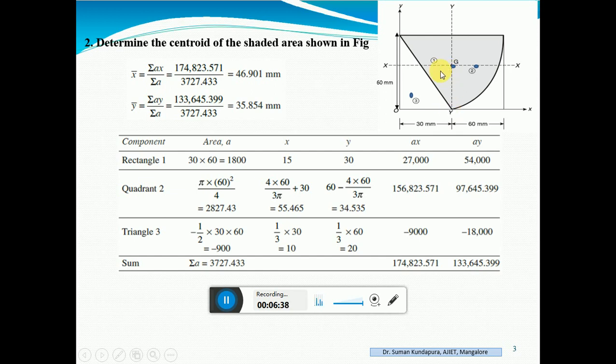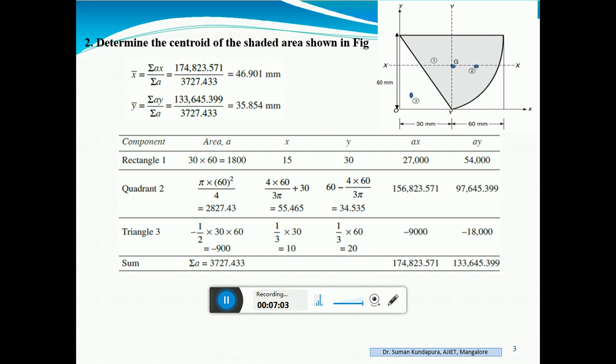This is given as 60, so this is 60, this is 60. So I can consider this as the quarter circle and solve the problem. Once I find this quarter circle, and after removing the cutout of the triangle, I get this triangle. So the sum of these both will give you the shaded area centroid.